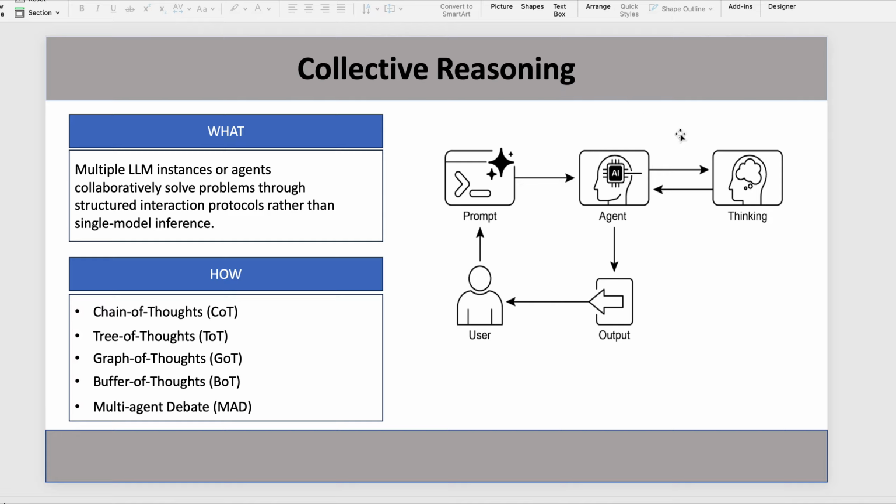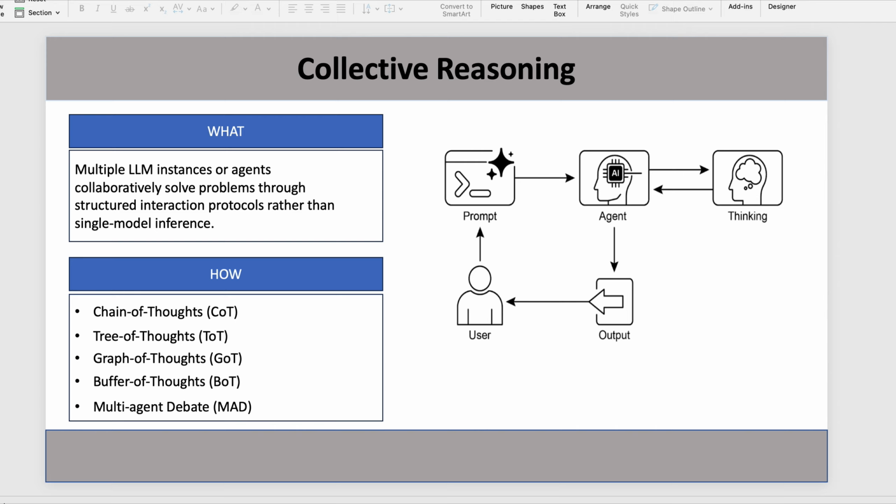The chain of thought AI resolves a problem by thinking step by step in a straight line, just like showing your work in a math problem. The second is the tree of thoughts, ToT. The AI explores multiple possible solutions like branches of a tree, trying different paths and picking the best one.